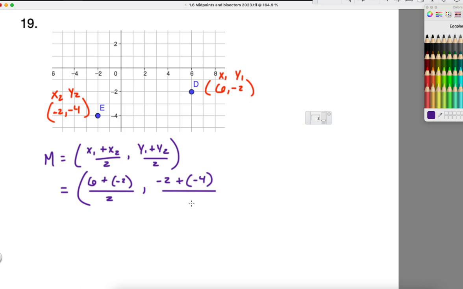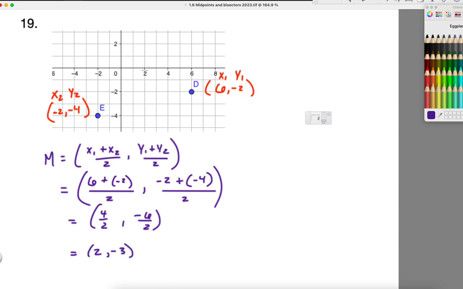If it's a negative value, I'll put it in parentheses. 6 plus a negative 2 is 4, so I got 4 over 2. And negative 2 plus a negative 4, that's negative 6 over 2. So I get 2, negative 3 as my midpoint.